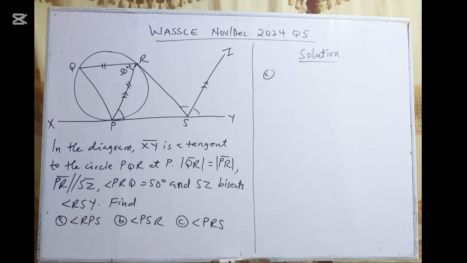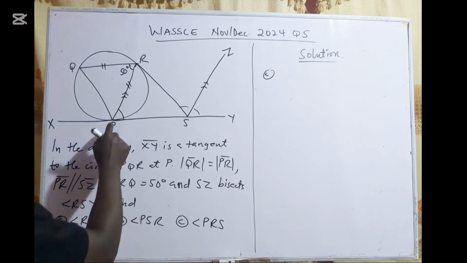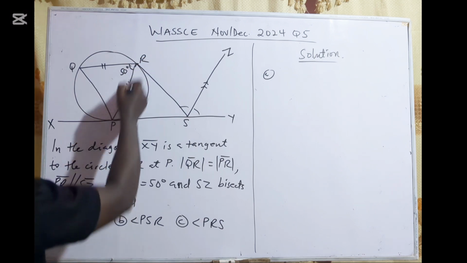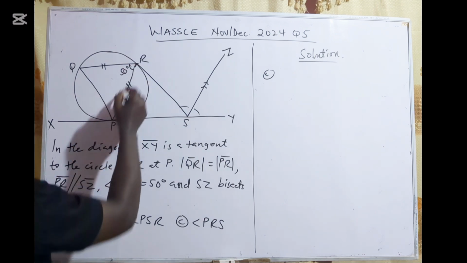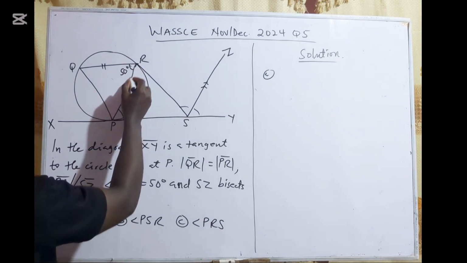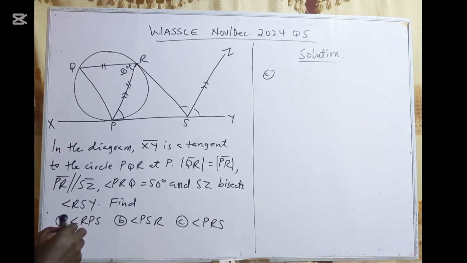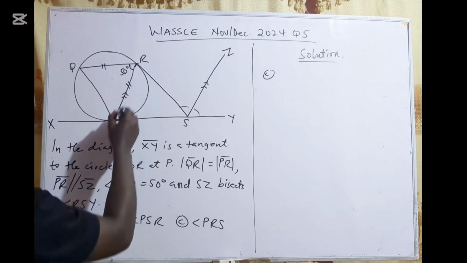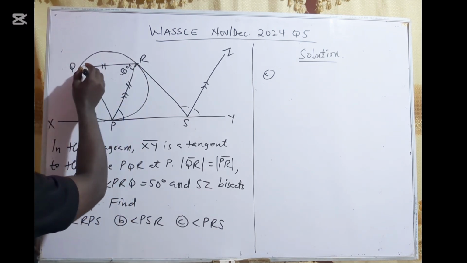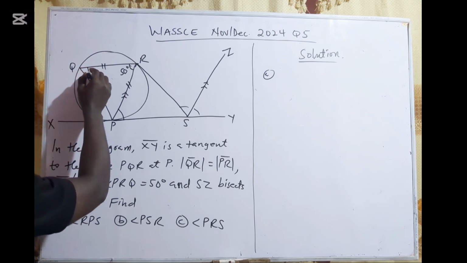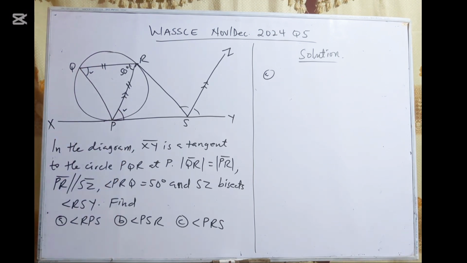There is a property that states that the angle between a tangent and a chord, and PR is a chord, is the same as the angle this chord subtends at the circumference, which is at Q. So the angle here and here will be the same.